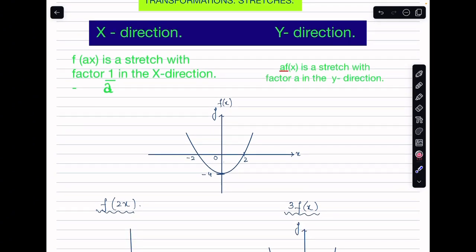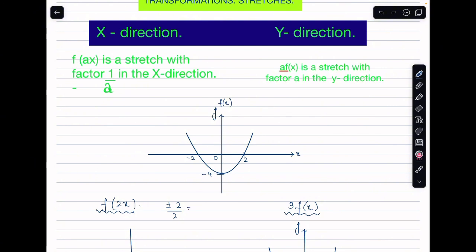Now, let's say we have to stretch or transform this function, the given graph over here, so that now it is f(2x). So what I can see here is that there is a stretch factor 2 within the function, f(2x). Therefore, for the x-intercepts here, plus minus 2, both the x-intercepts should be getting divided by the stretch factor, which is 2 in this case.